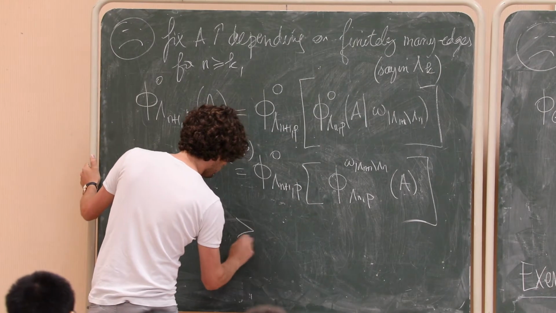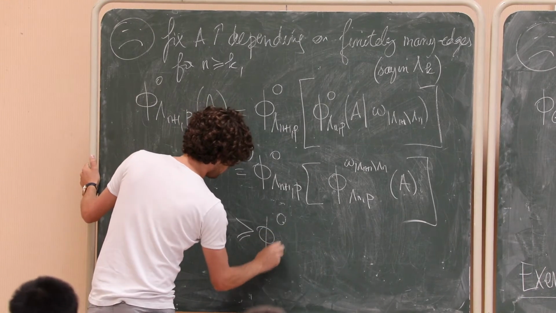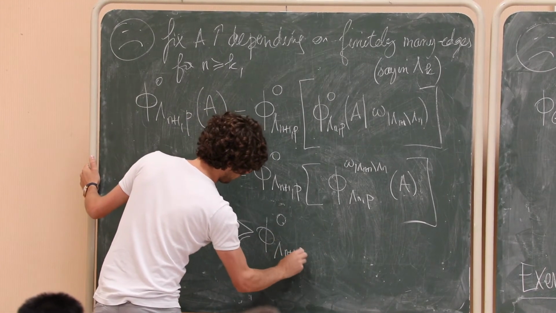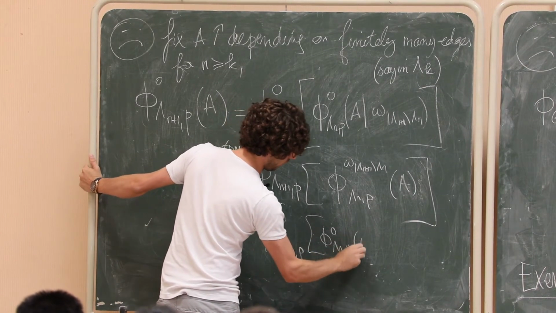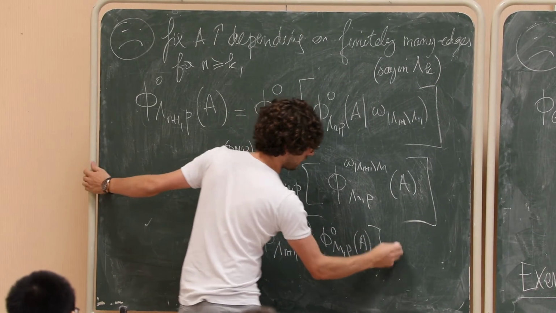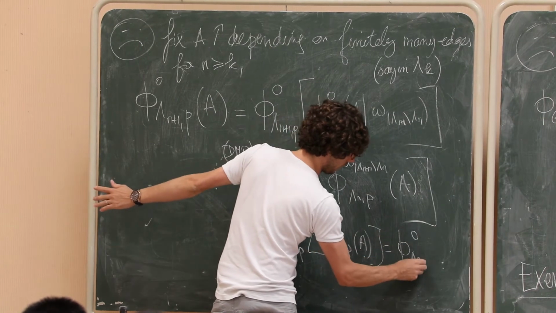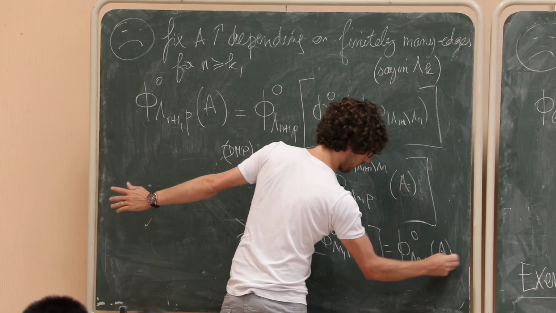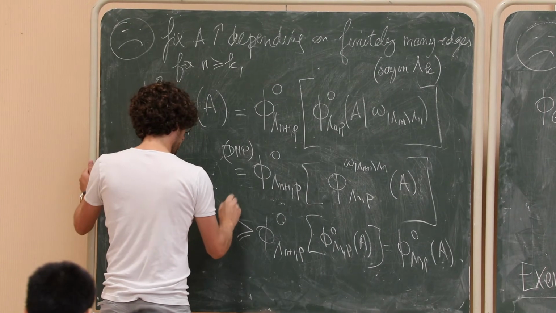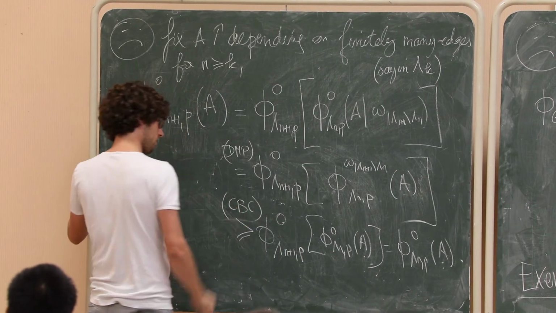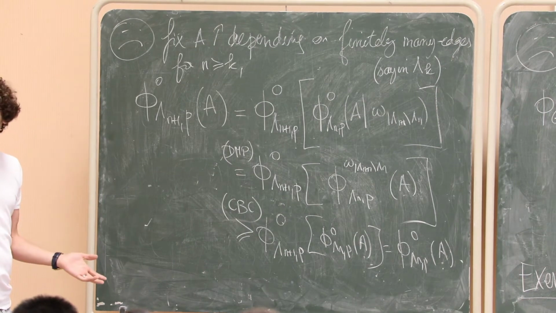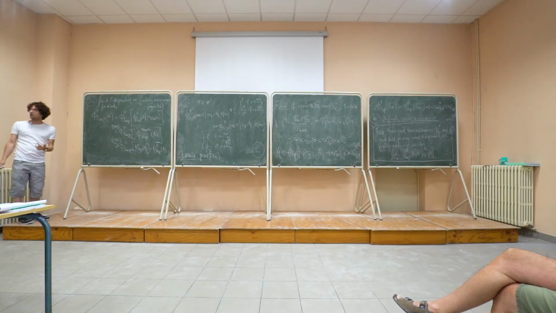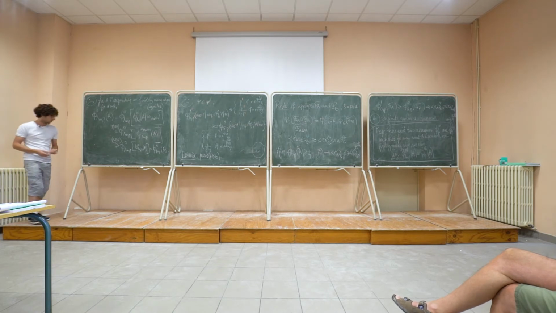So this is larger or equal to phi 0 lambda n p of A, which is exactly phi 0 lambda n p of A. So this is by comparison between boundary conditions. So what did I just prove? I proved that this sequence is decreasing, and exactly like what I did for the Ising model, that implies that the sequence converges. Okay?